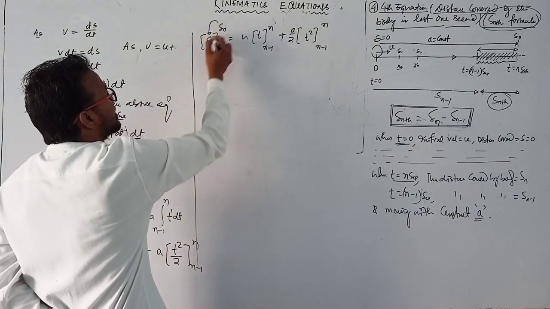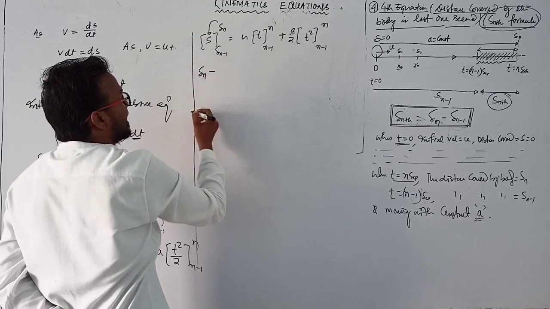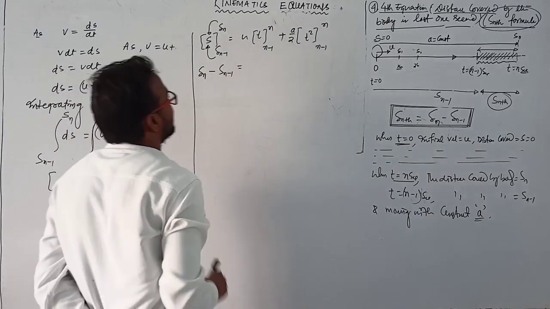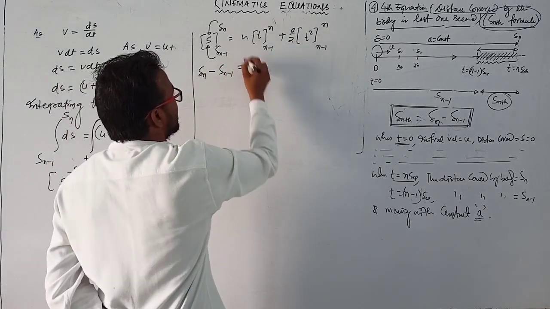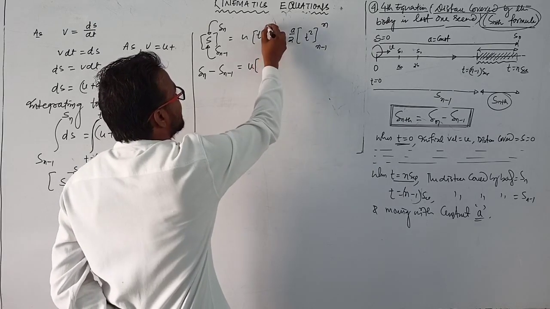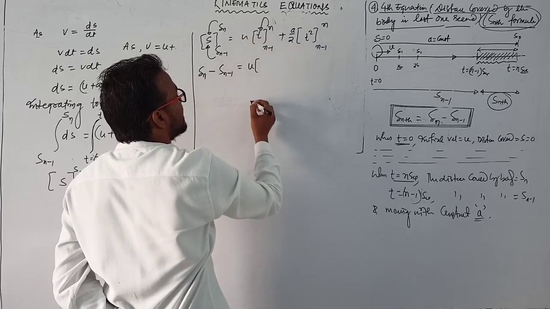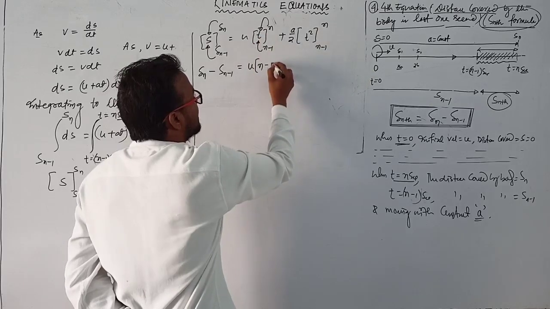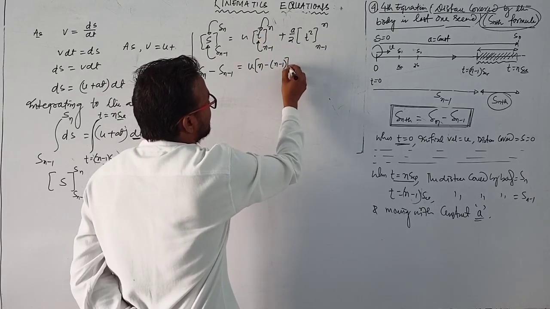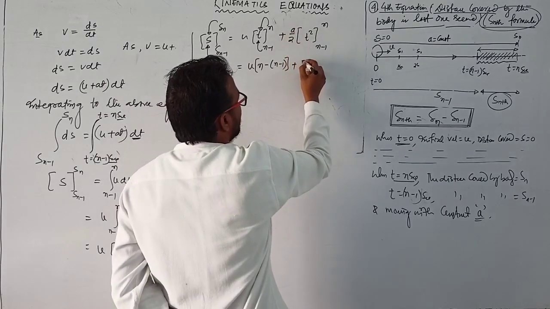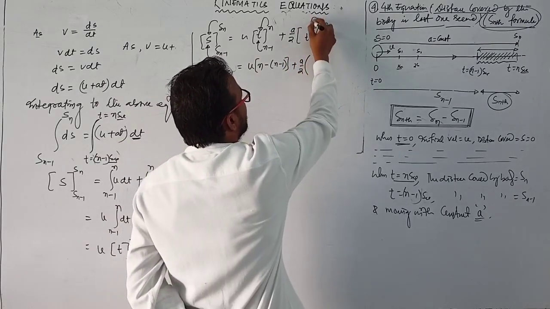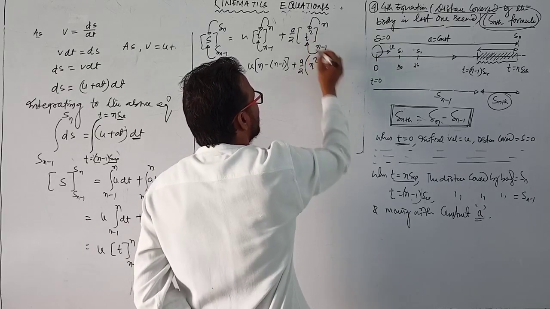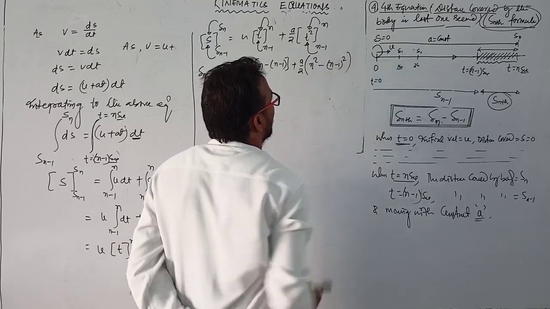In place of s, the upper limit gives Sn, minus the lower limit Sn minus 1. Then the next term: initial velocity u, first write n in place of t, minus the lower limit n minus 1, plus a by 2 times n square minus (n minus 1) square.